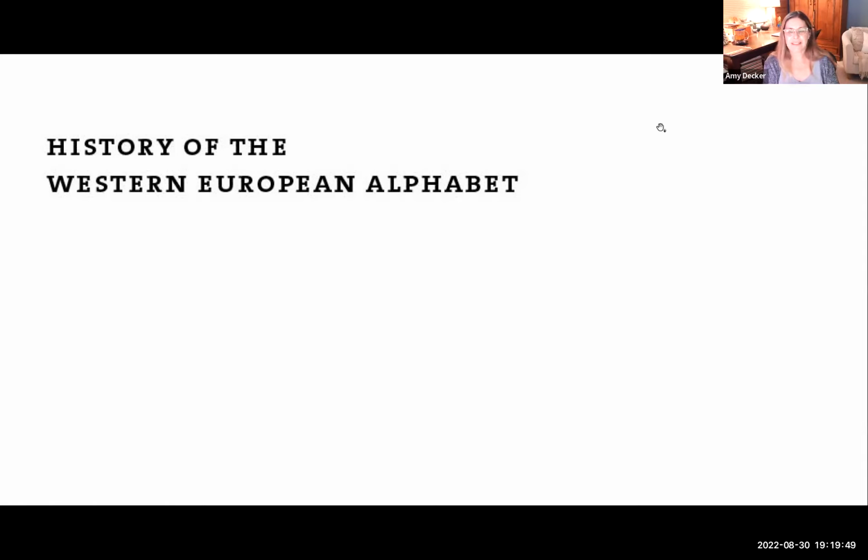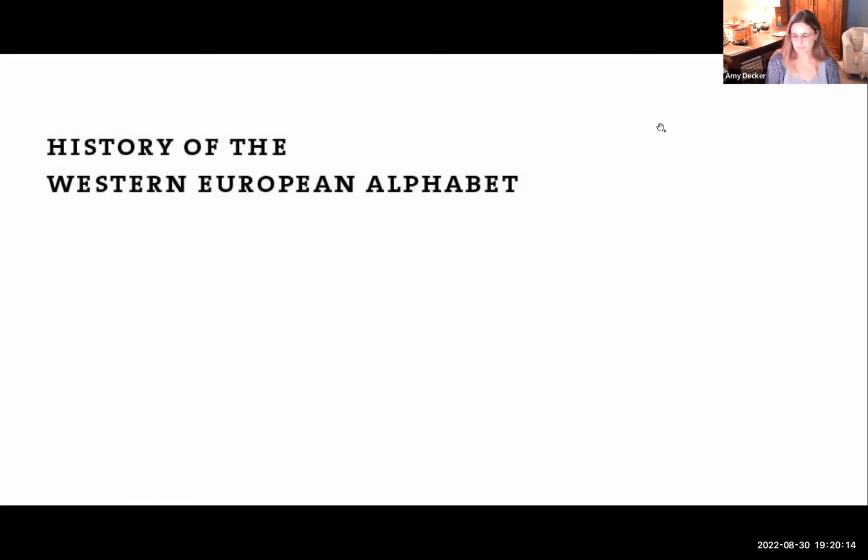So when I'm referencing the invention of printing, for example, we're referencing the invention of printing the Western European alphabet, not the invention of printing for other alphabets. Because we learned, if anyone remembers from our reading, who invented the first printing of movable type?